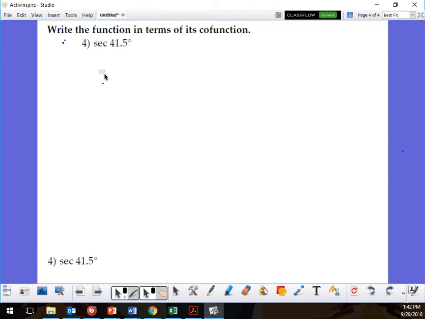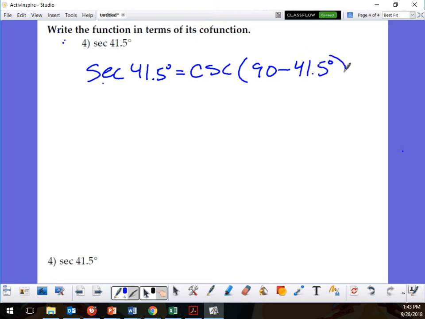So this is going to be the secant of 41.5 degrees is equal to the cosecant of 90 degrees minus theta. So I need you guys to do that math real quick. Equal 48.5.